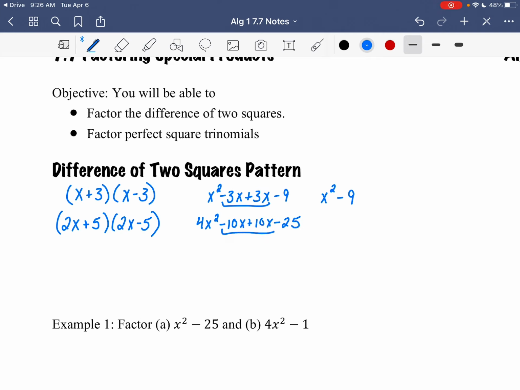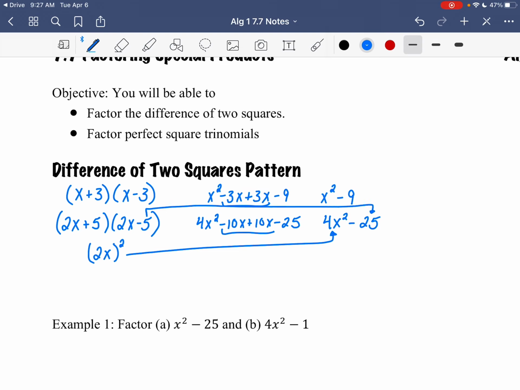Again, those middle terms add out, so I end up with 4x squared minus 25. 2x to the second power gives 4x squared, and 5 to the second power gives 25. And it's a difference because there's a subtraction in between.